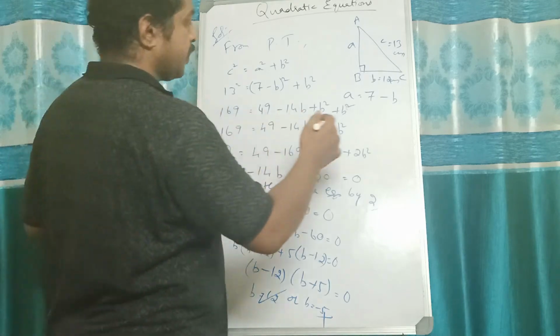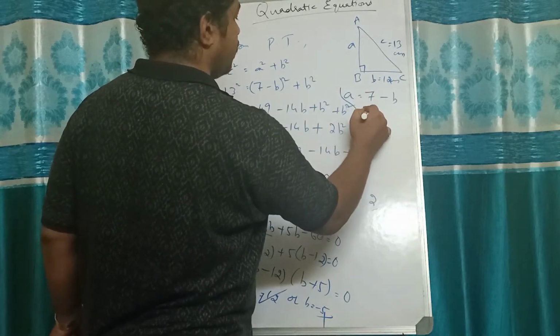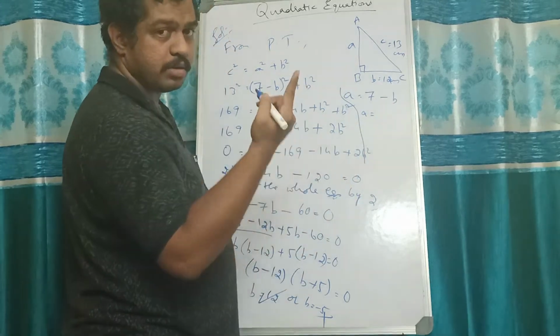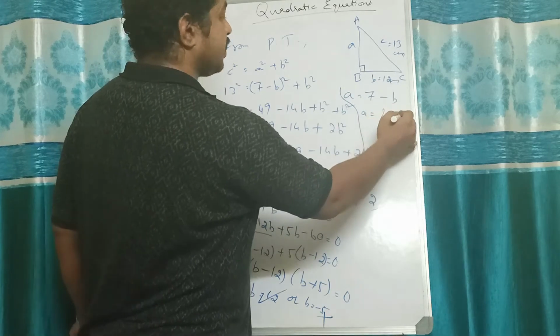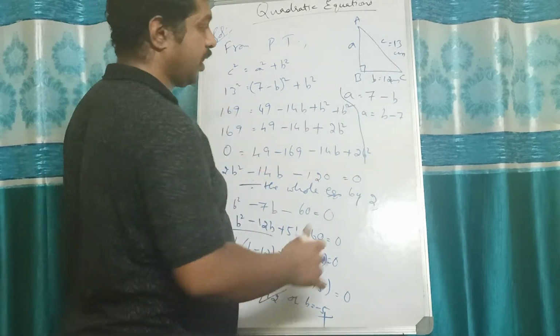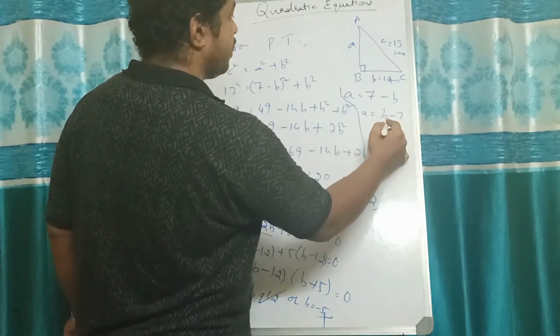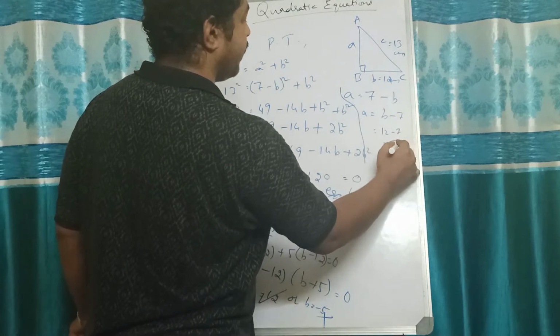As I told you earlier, A is equal to 7 minus B, so either 7 minus B or B minus 7, whatever you take, it will fetch you the same answer. So B minus 7 will be 12 minus 7, that is 5 centimeter.